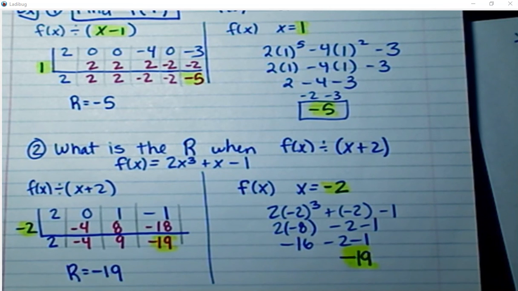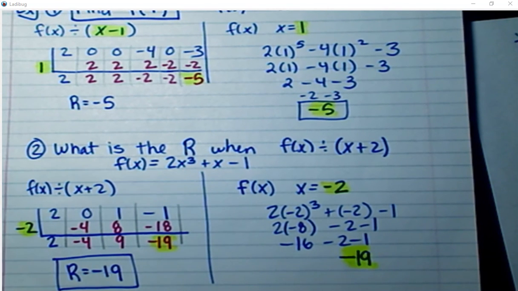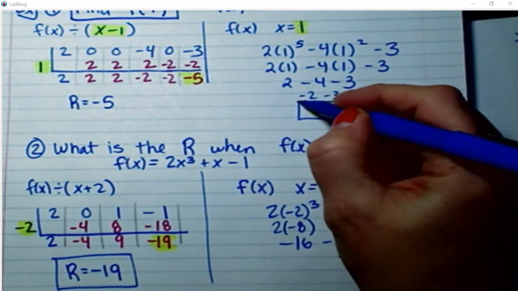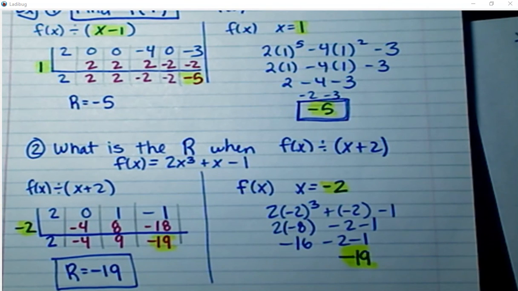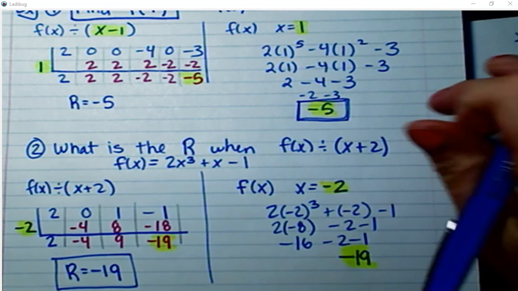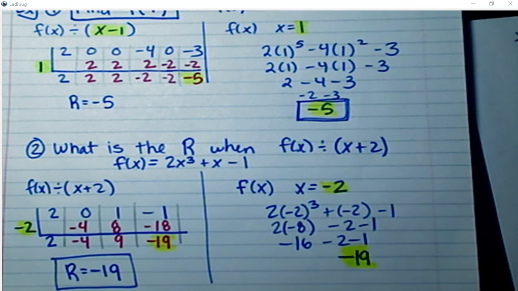So whether I'm asking you for the remainder or a y-coordinate, you always have two choices. The remainder is negative 19. Now I boxed these in the separate columns because I boxed it with the work that the directions were leading me towards. It doesn't matter how you get there though.